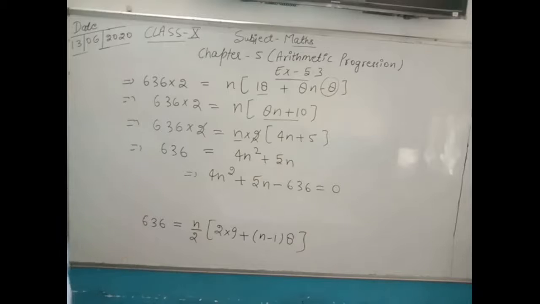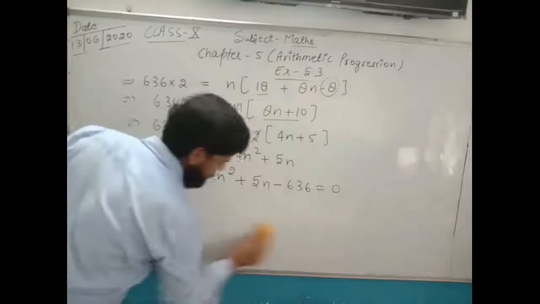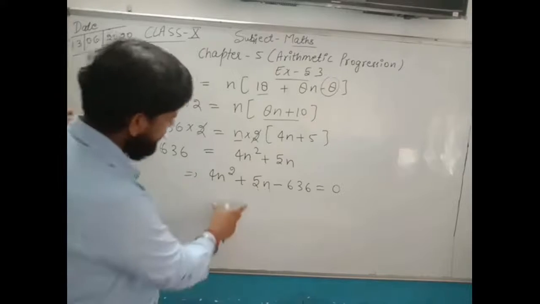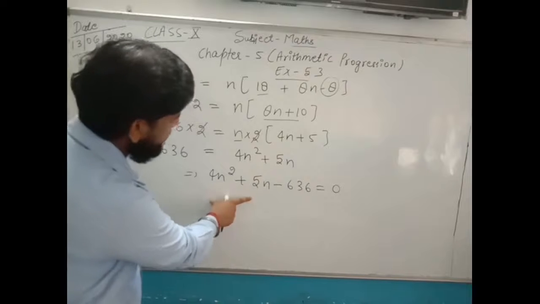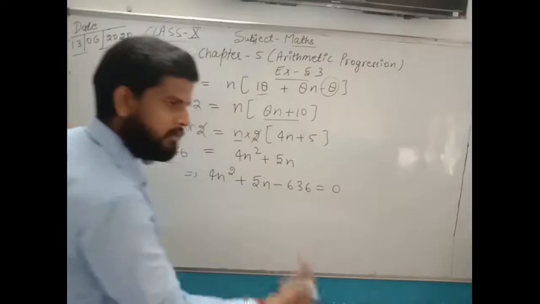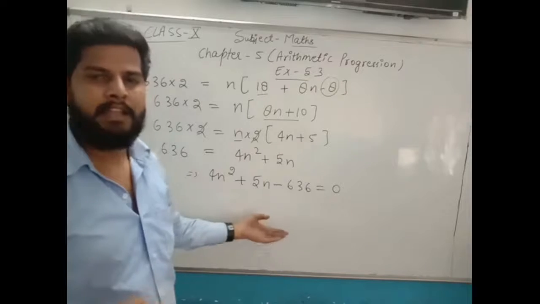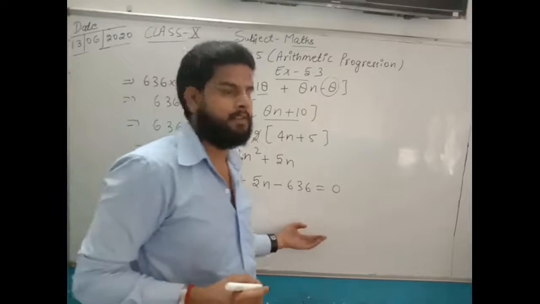Now solve this quadratic equation. I am going to solve this quadratic equation by the quadratic formula. You can solve by any method. There are 3 methods which we have already learned in quadratic equations.